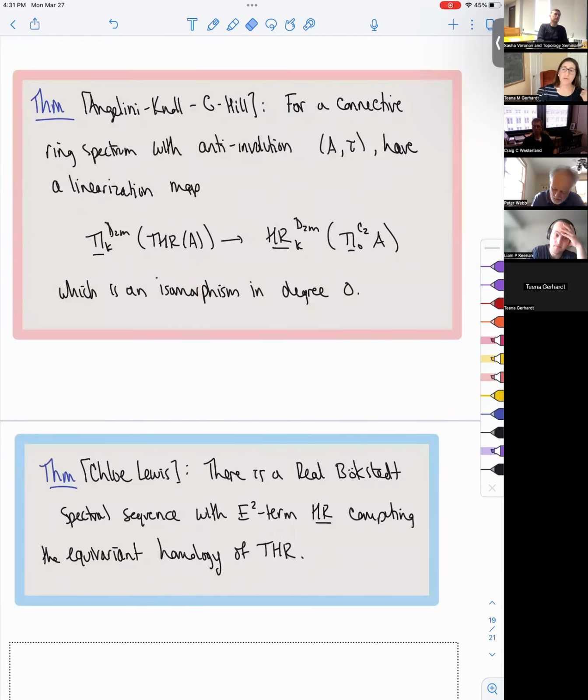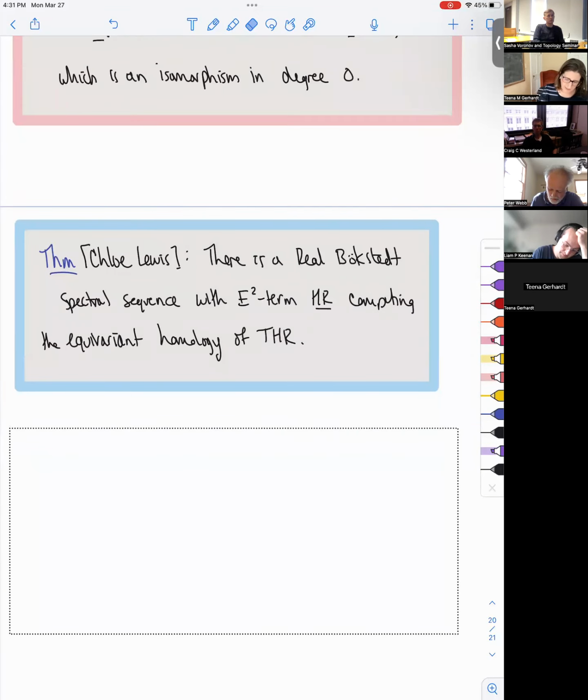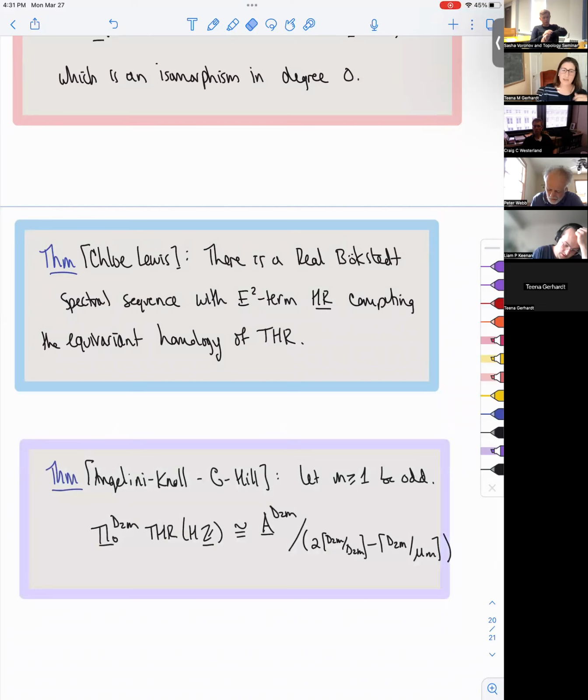It's a theorem of Chloe Lewis, who's one of my PhD students. She proved that there is a real Hochschild spectral sequence, and the story is beautiful. It's just what you would want. It has E2-term real Hochschild homology, computes the equivariant homology of THR, and she's used that to do some nice calculations of THR.